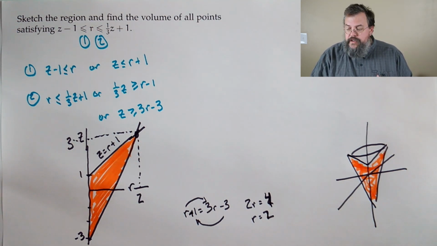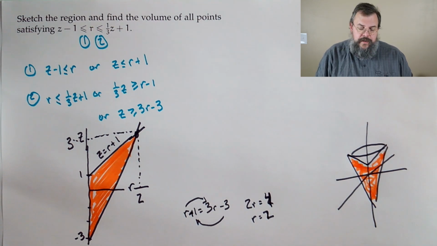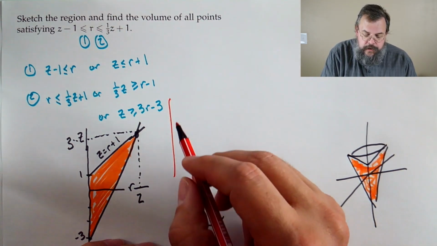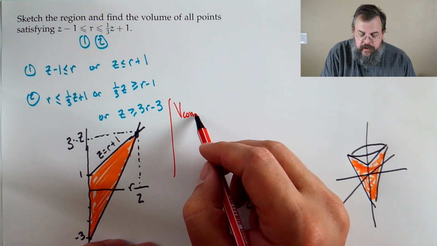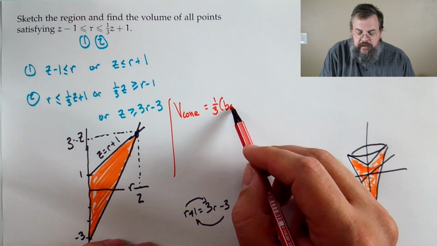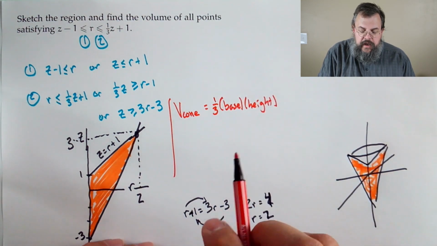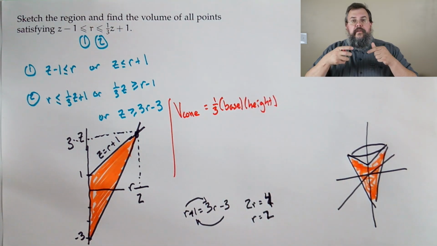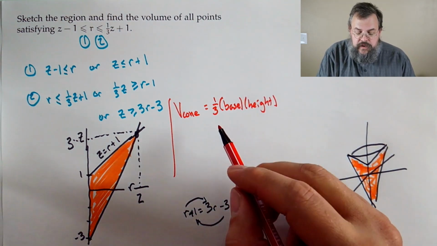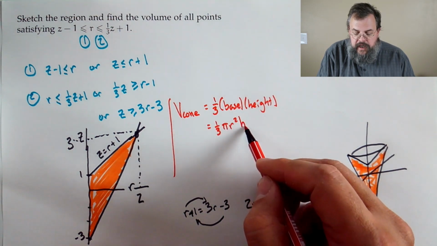Well, let's just do a quick refresher. The volume for a cone is 1/3 base times height. And the base of a cone is a circle. So usually we write this as 1/3 pi r squared h.